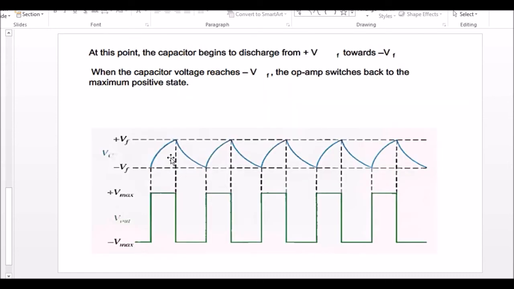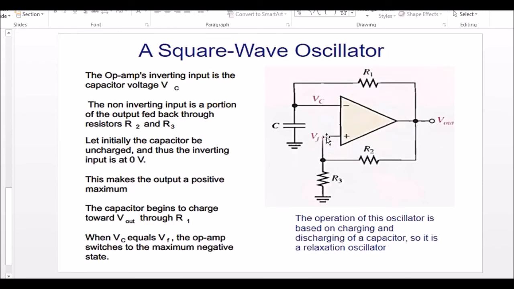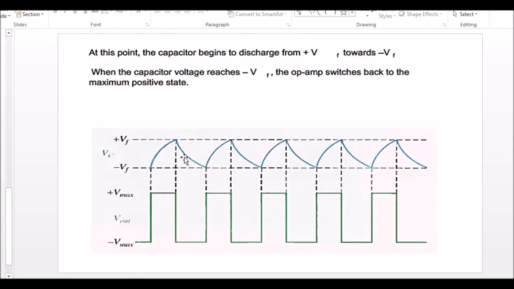As soon as your output is flipped, it will start to discharge down to 0. And because now your negative voltage is being fed back to your input, the capacitor will then charge to a maximum value of negative voltage. Then again your voltage flips, then it will discharge and charge up to a maximum of positive, discharge and charge up to a maximum of negative.